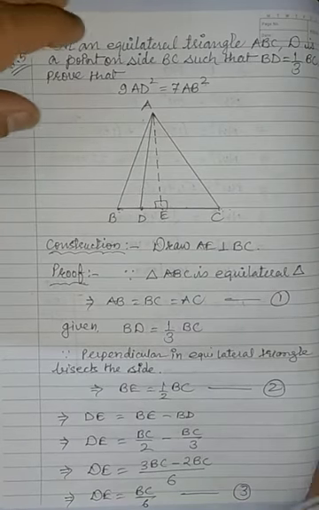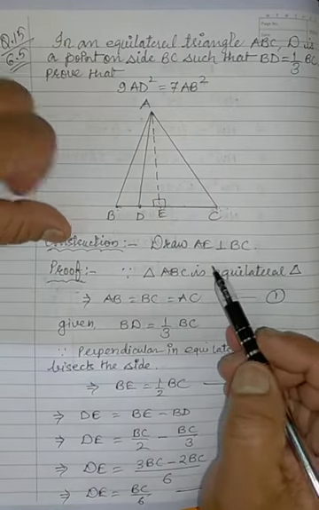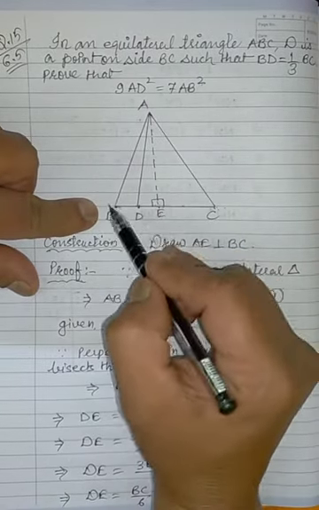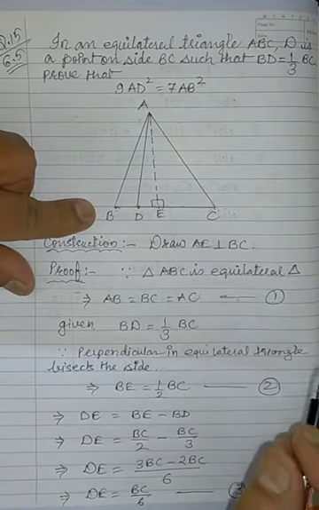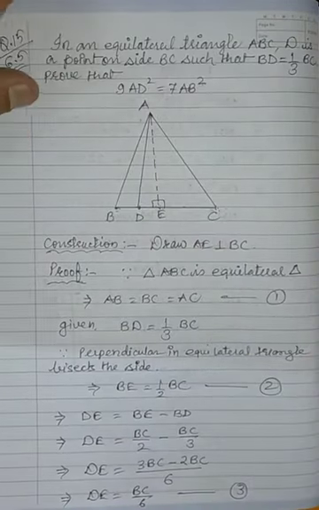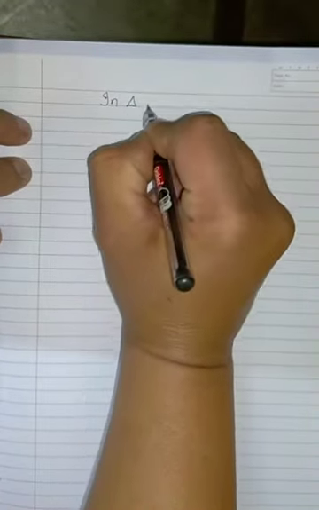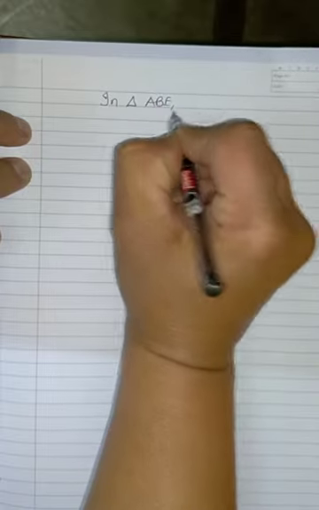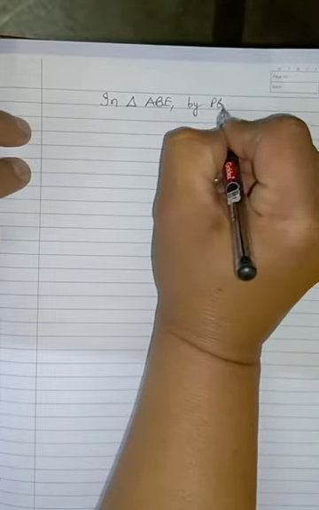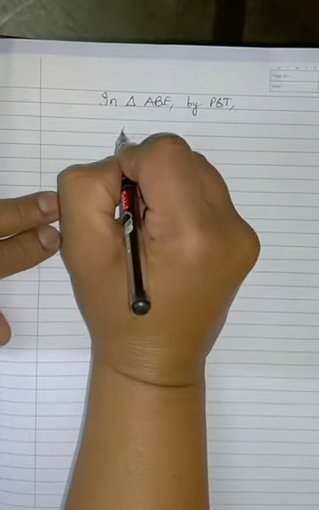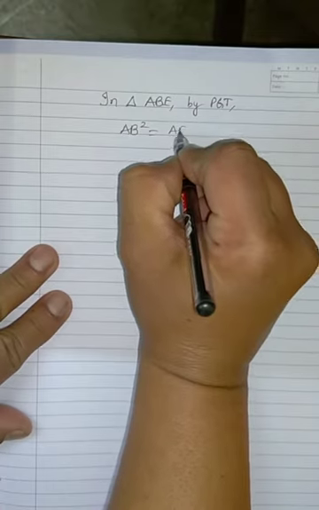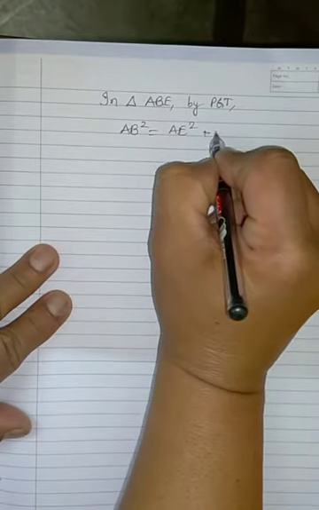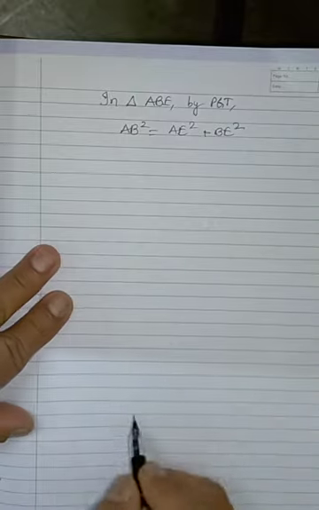Now let us apply Pythagoras theorem in triangle ABE and triangle ADE one by one. So first we will take triangle ABE. In triangle ABE, by Pythagoras theorem, AB square is equal to AE square plus BE square.